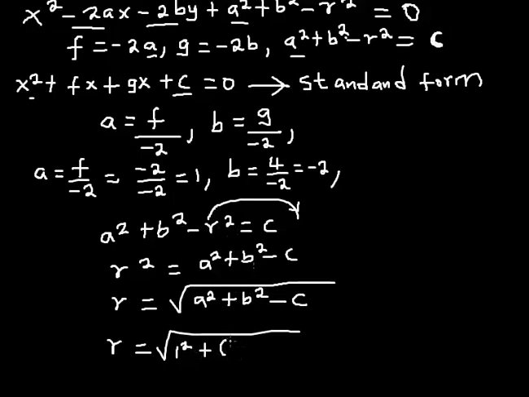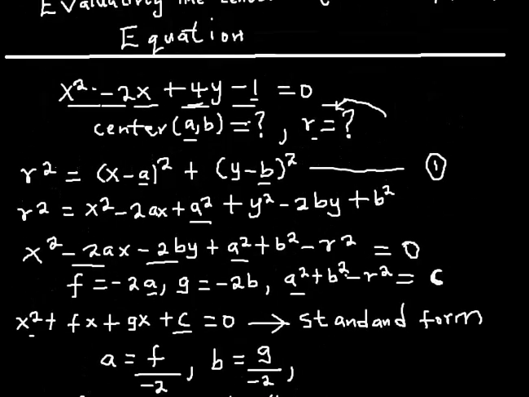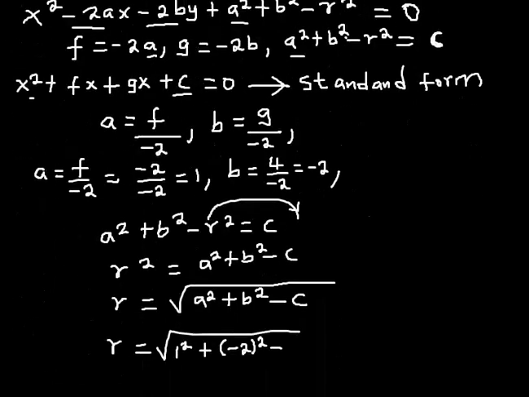For my b, which is minus 2, that's going to be minus 2 squared. Then minus c, which of course, what's my c? My c is the constant value, remember, minus 1. Minus minus 1.